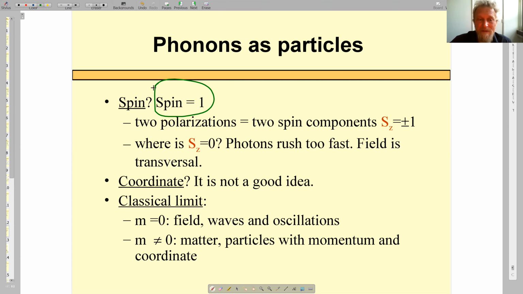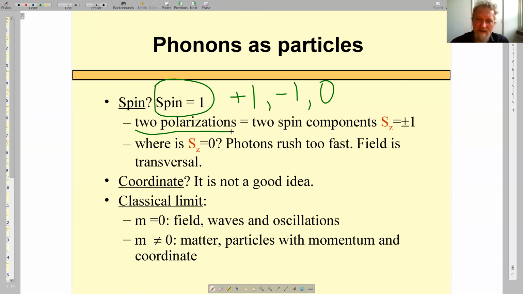But if you recall, spin 1 corresponds to triple degeneracy of the states. So there are states with projection plus, projection minus, and projection 0 on any axis. But we have only 2 polarizations. It's tricky business, so one can explain it as follows.